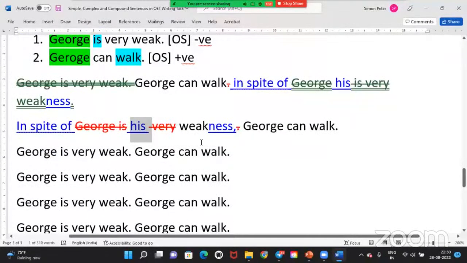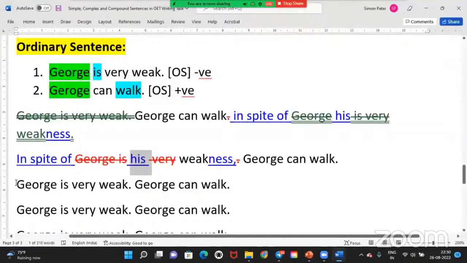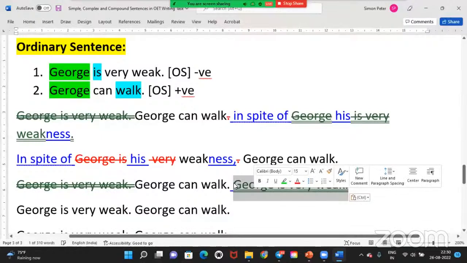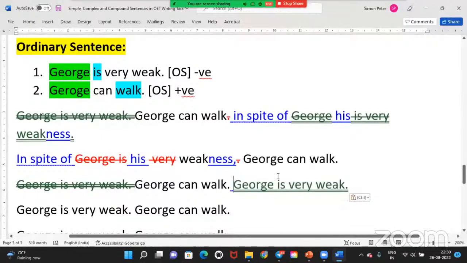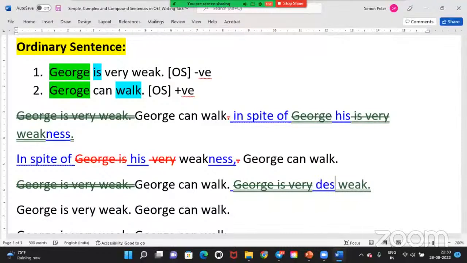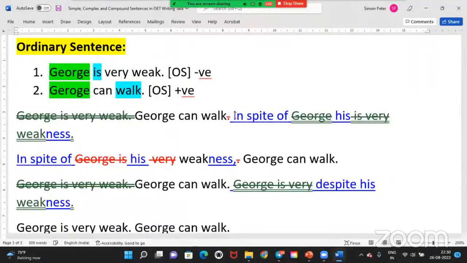Now again, this I am taking backwards and saying here, George can walk, despite his weakness. So instead of "in spite of", we used "despite" here.